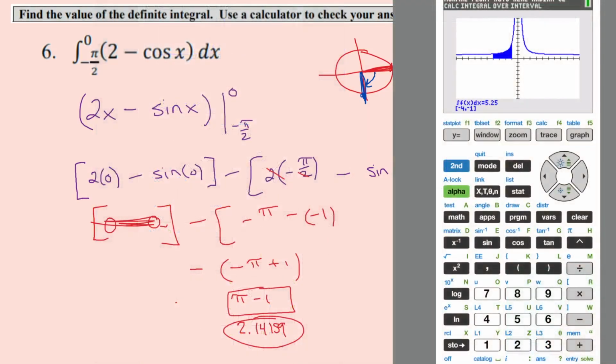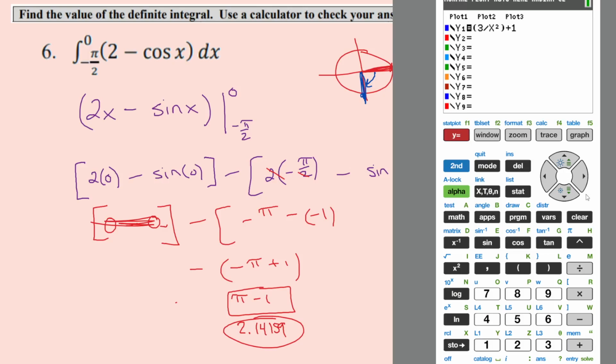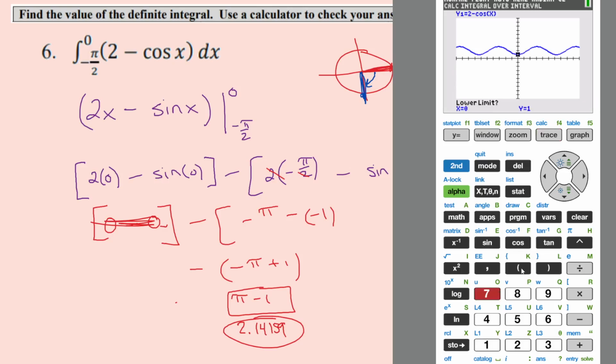So into the calculator goes the function 2 minus cosine x. Oh, I didn't mean to do this many parentheses. 2 minus cosine x. That's perfect. Go calc, option 7, negative pi over 2 to 0.